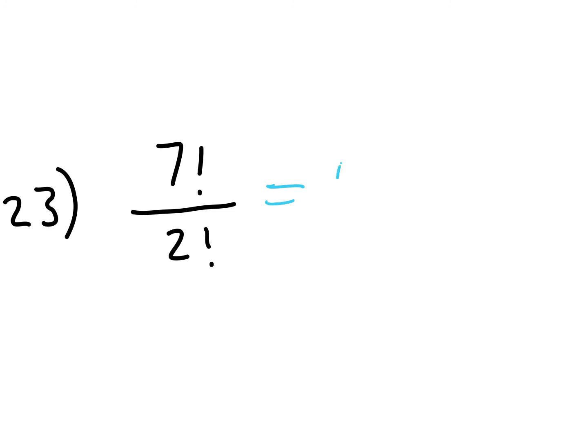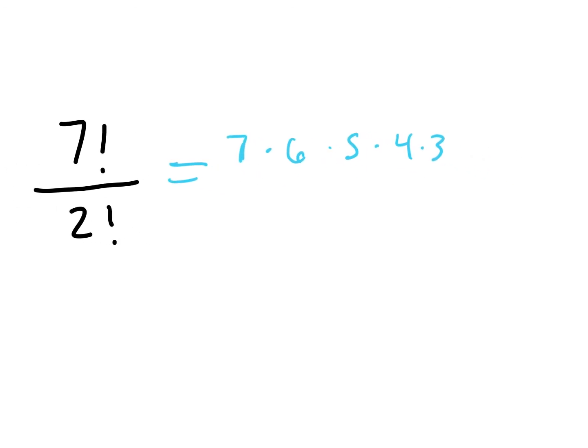So this is 7 times 6 times 5 times 4 times 3 times 2 times 1. And then we have 2 factorial, which is 2 times 1. Anything that's the same on the top can cancel out with the same thing on the bottom. So 2's cancel out, 1's cancel out. So on the top, we just have 7 times 6 times 5 times 4 times 3.